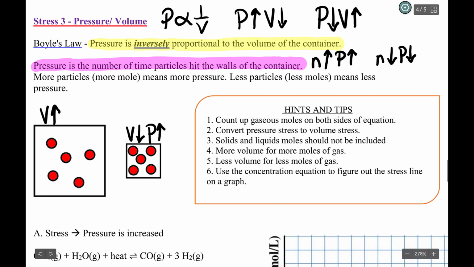Conversely, on this side, these particles have a much longer distance to travel in order to hit the walls of the container. So now the pressure here is going to be less, and inversely proportioned to the volume. So I think this is a good visual representation of how volume would change the pressure of the system, even if the number of moles were held constant.